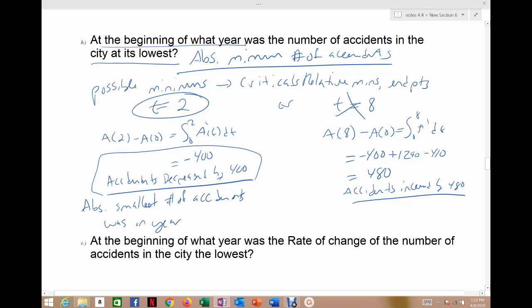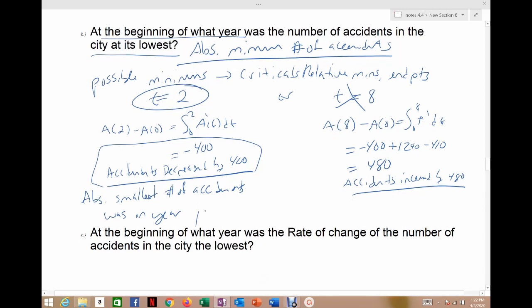Time 0 is 1995, 2 years later would be 1997. So by the year 1997, accidents were at their lowest during this study. They reached a minimum at that year. Everywhere else, every other year, they had more accidents. That was at their lowest. All right, next question.